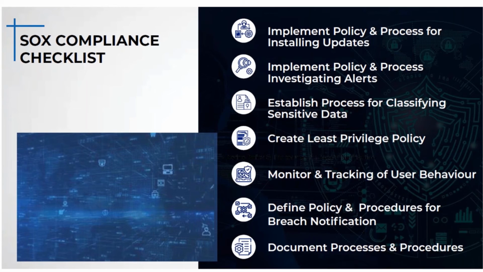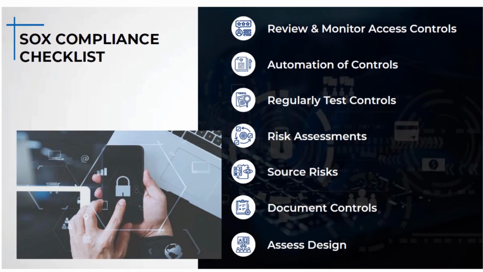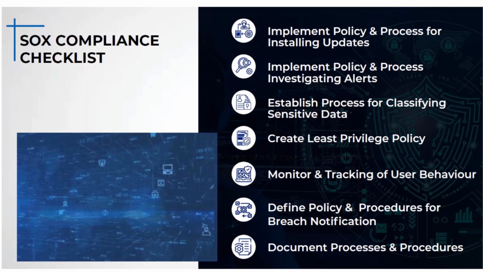Moving ahead, once you assess the design and document the control, then implement the policies and procedures. This is important for installing the updates. Now, we have seen systems where they say that we have Windows Live update happening at all times, but what about your MS Office?